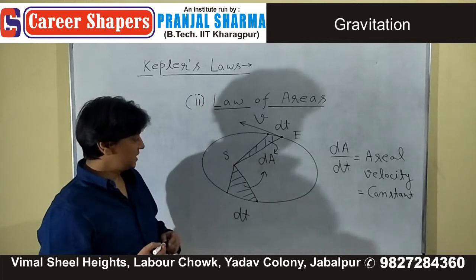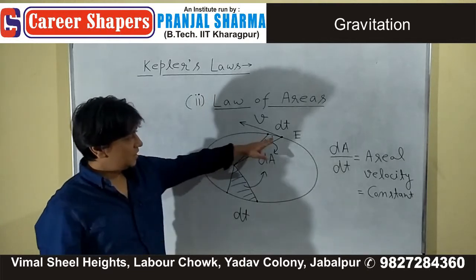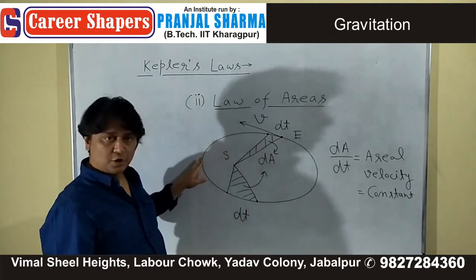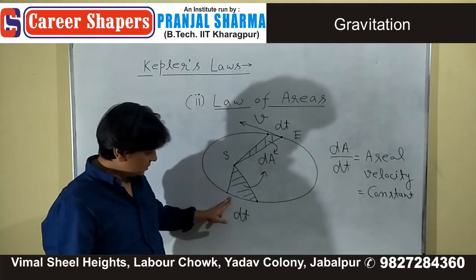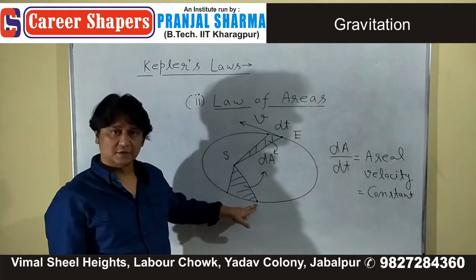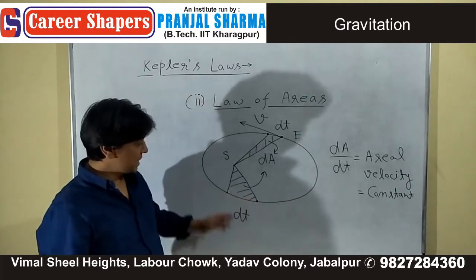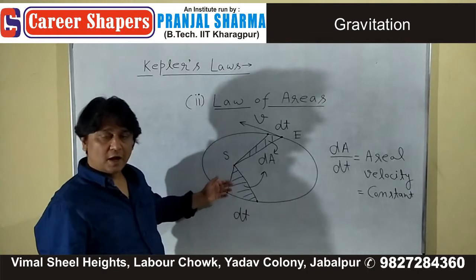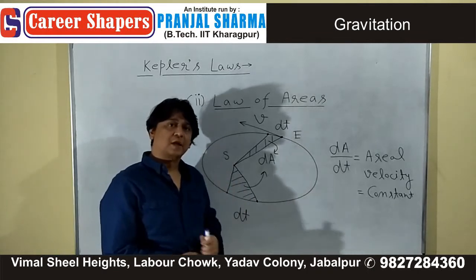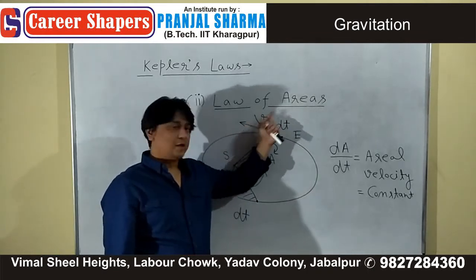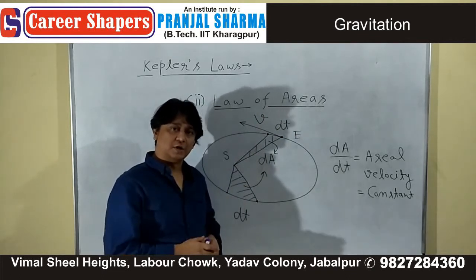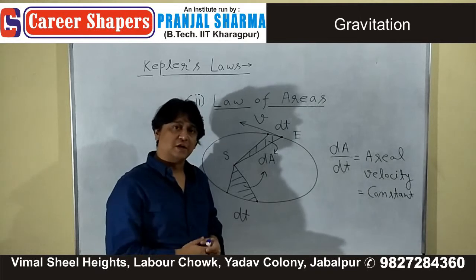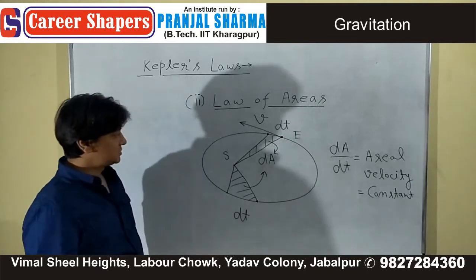Which means you can see that as a planet comes closer to Sun, it has to travel a larger distance. Then only you can have equal area. And that's why we say that according to the second law, as a planet comes closer to Sun, its velocity increases. Write down this statement.